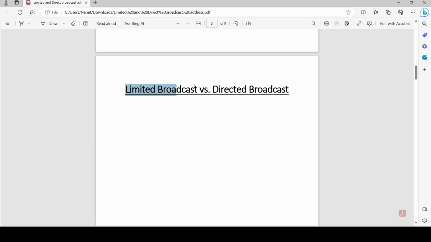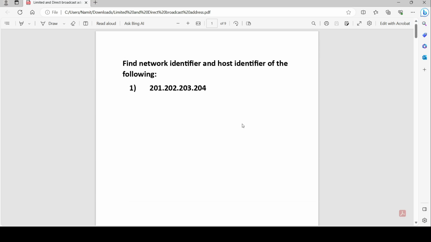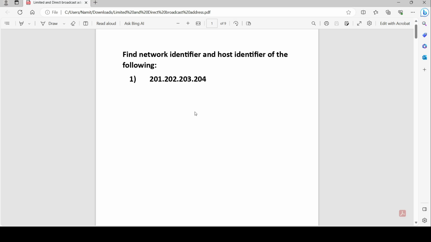The main topic today is limited broadcast and direct broadcast. Whenever we talk about the broadcast address, there are a few things to it, so we are supposed to talk about that as well. Let's get started without any further delay.